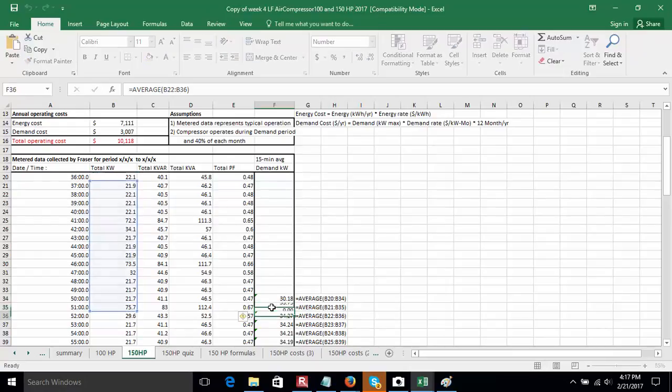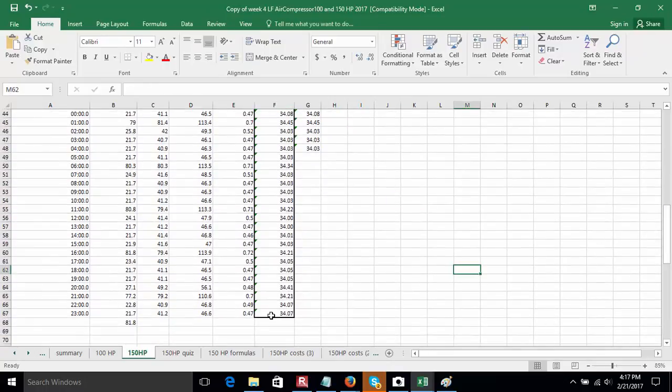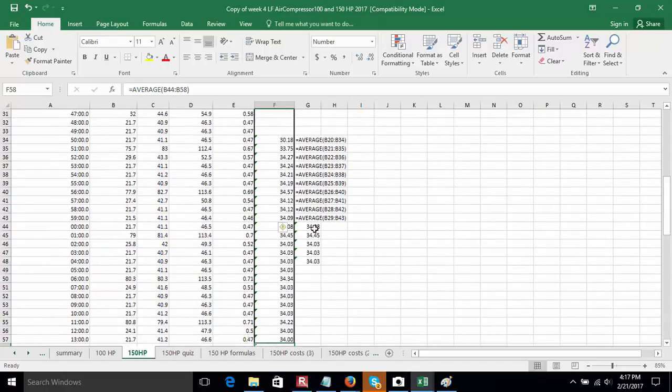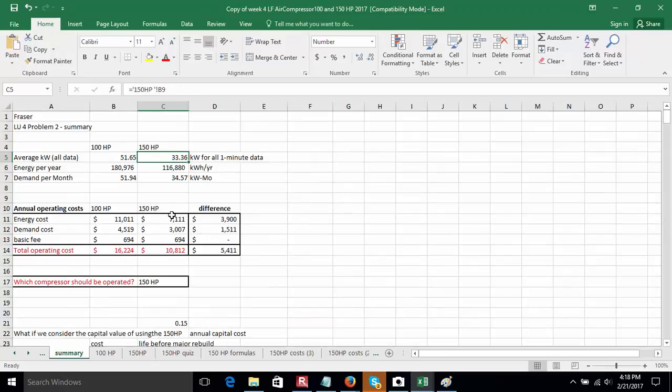There's that one, there's the next one, and there's the next one. So there's the rolling average of each of these powers. That's what these are, and then let's just take a look at that. Yeah, so same deal. If we go back to the summary, 34 horsepower, well, 33.6.